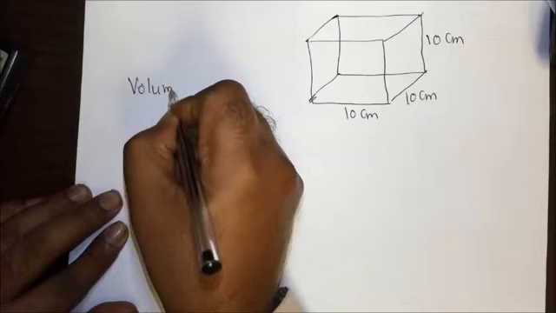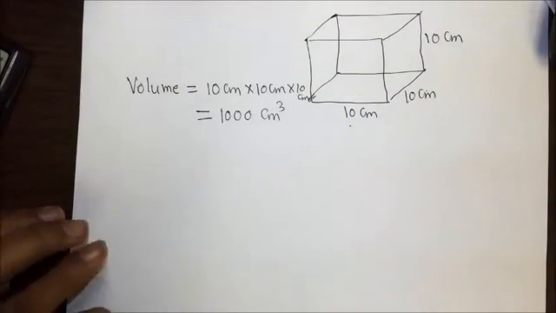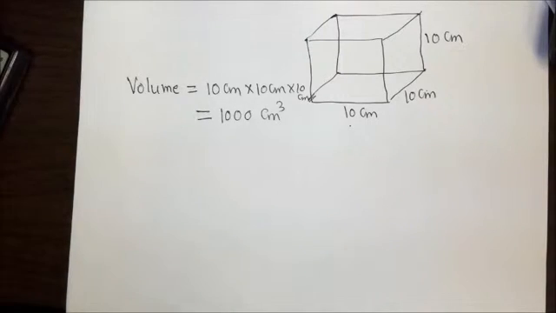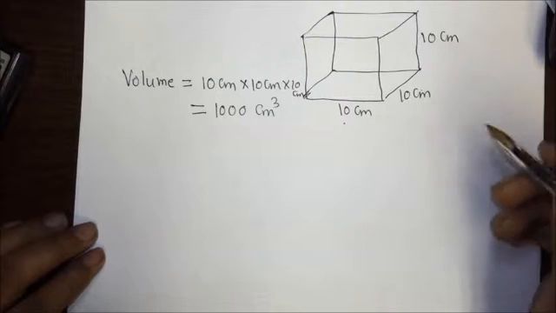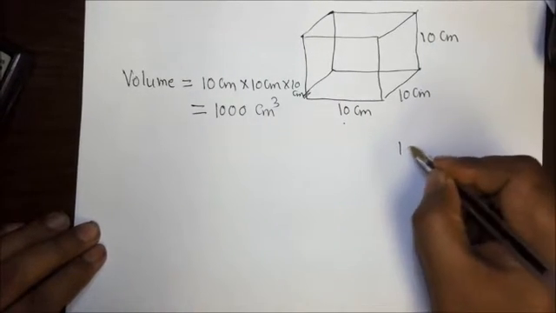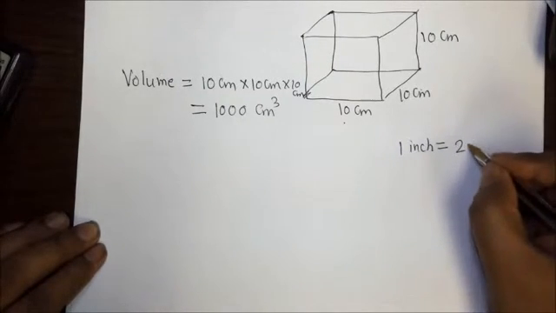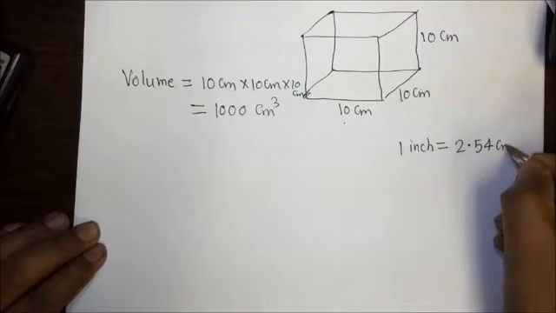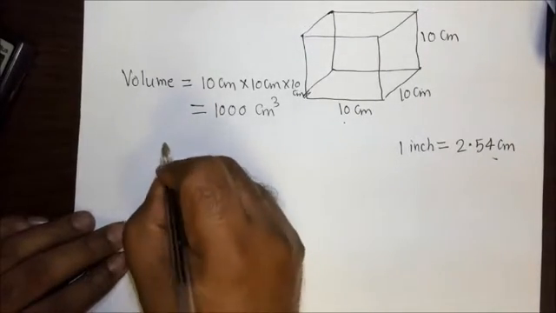Volume is equal to length times width times height. How to convert this to inch cube? If this kind of thing comes, we will give you the conversion. Like 1 inch is 2.54 centimeter. Okay, so let's go here. How to do this?